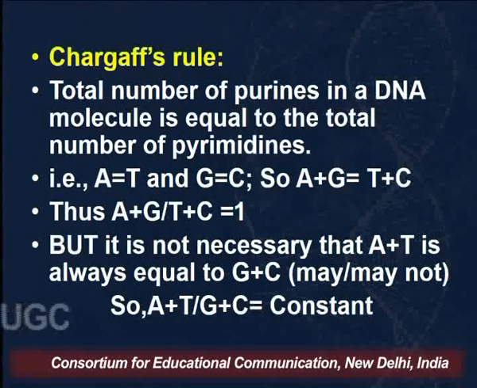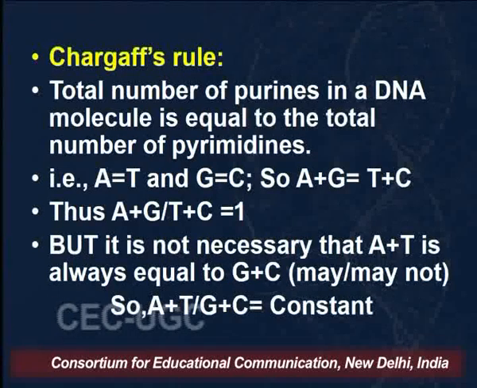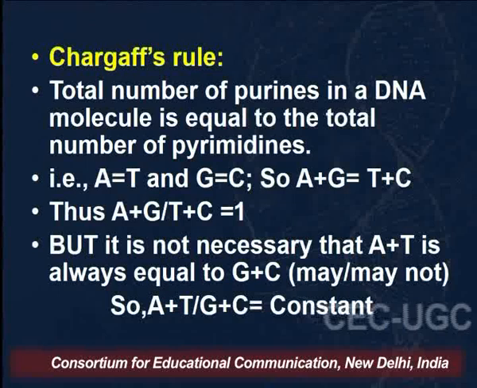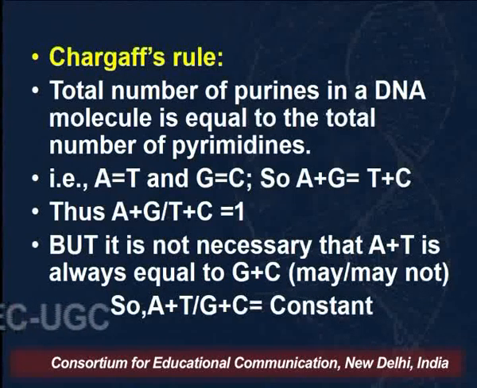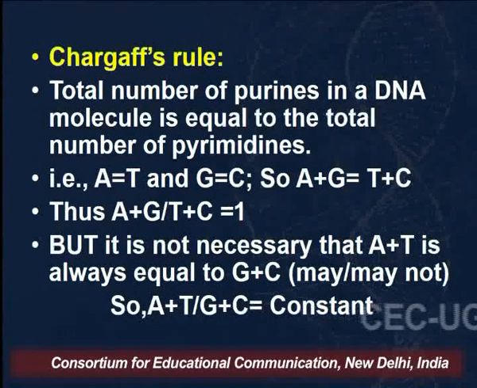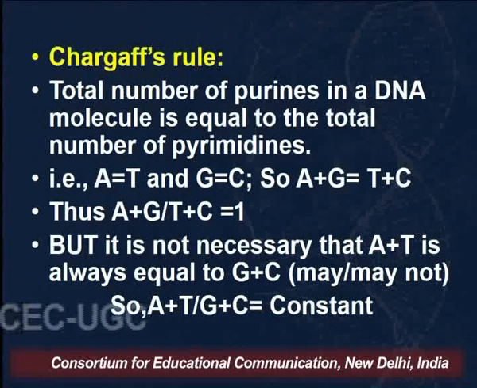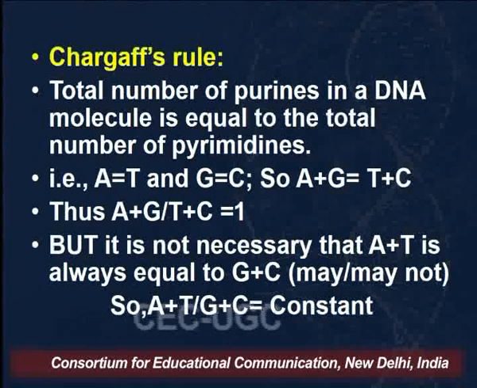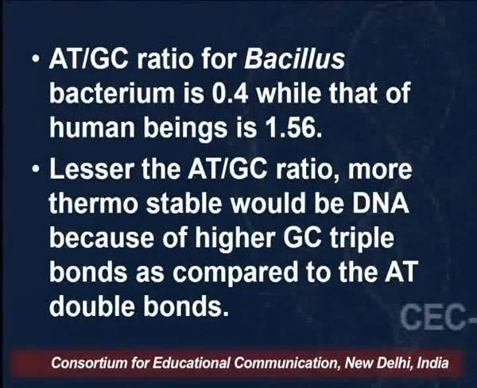But it is not necessary that A plus T is always equal to G plus C. It may be equal, it may not be equal. So, the ratio of A plus T to G plus C is constant and is different for different species.